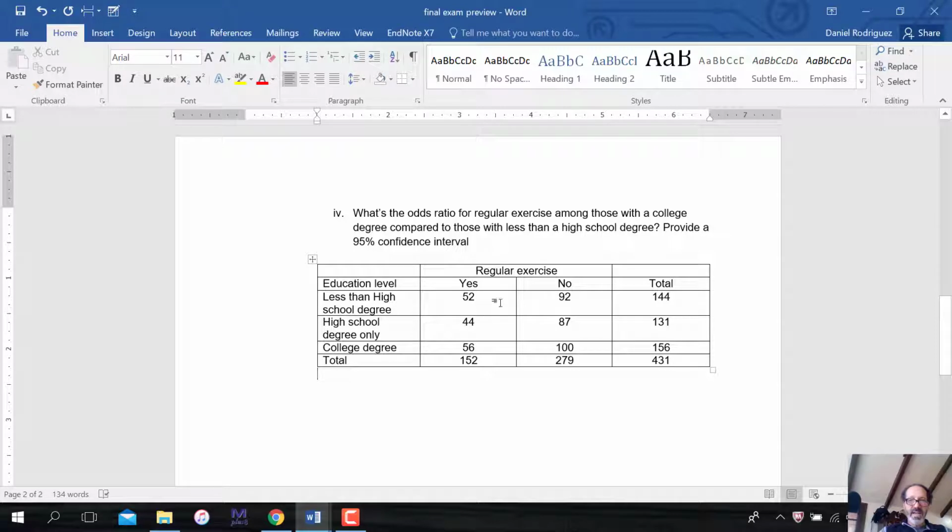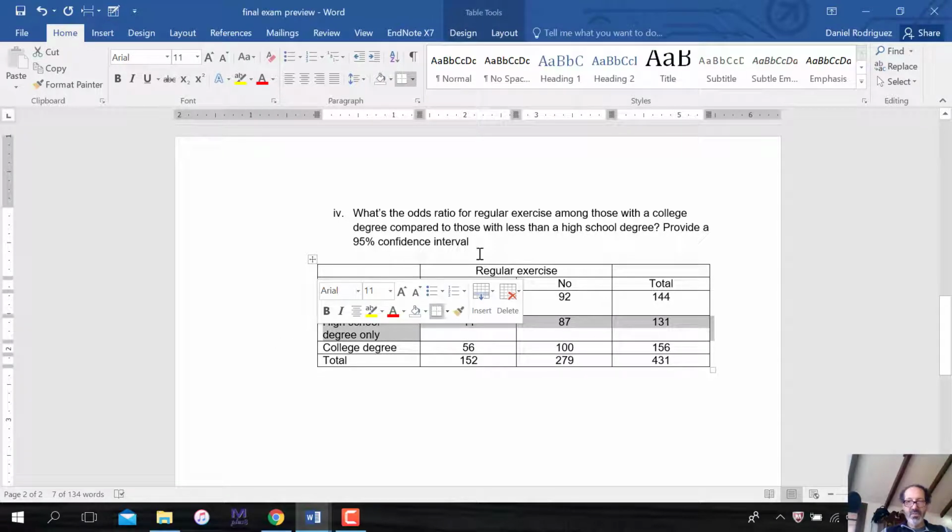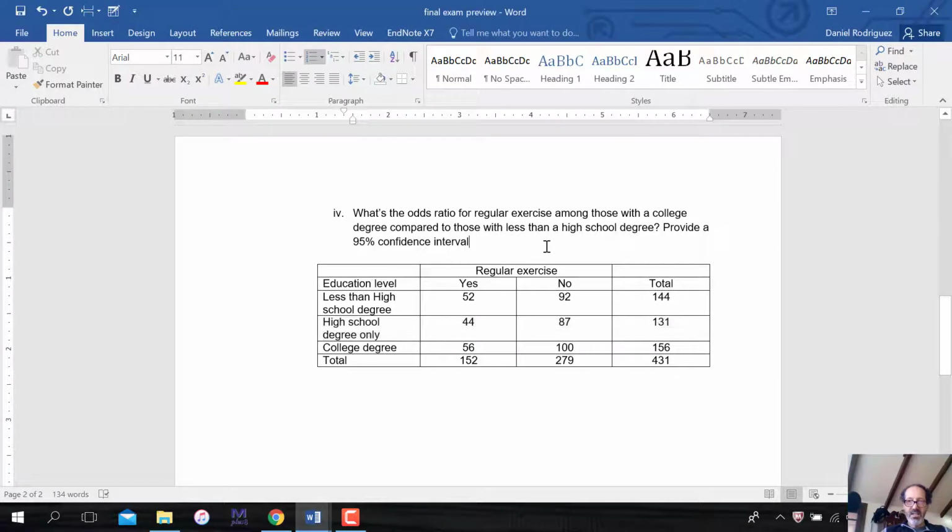So we can't calculate an odds ratio for a table that's a 3x2, but we can do it for subtables, right? Like I can compare, as I'm asking you to do here, less than a high school degree versus a college degree. So that's 1, 2, 3, 4 cells, and I'm ignoring those who have a high school degree only. So yes, I can calculate an odds ratio here.